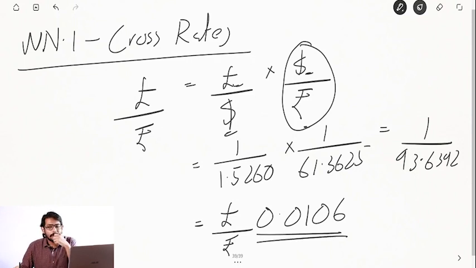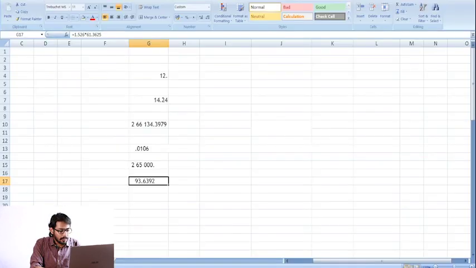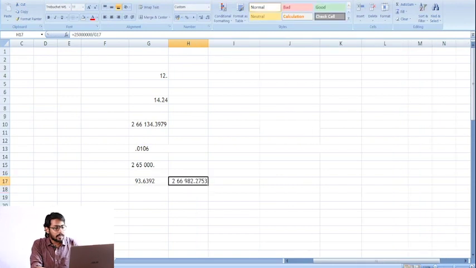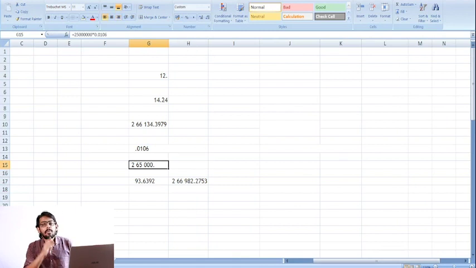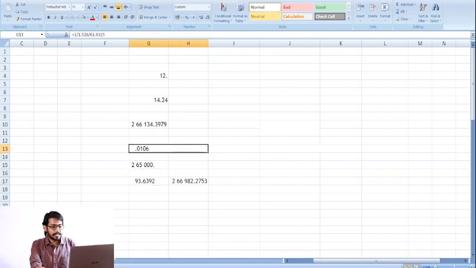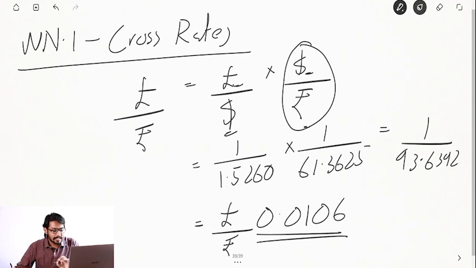I don't imagine the examiner will penalize you so much, but in your final answer there will be a small deviation. 2 crore 50 lakhs divided by 93.36, you will get 2,66,000 instead of 2,65,000. Such difference can come in your final answer. I don't think the examiner is going to penalize this, but it is on the safer side. Take up to 4 places in decimal. That's always safer. That's how it happens in the market.